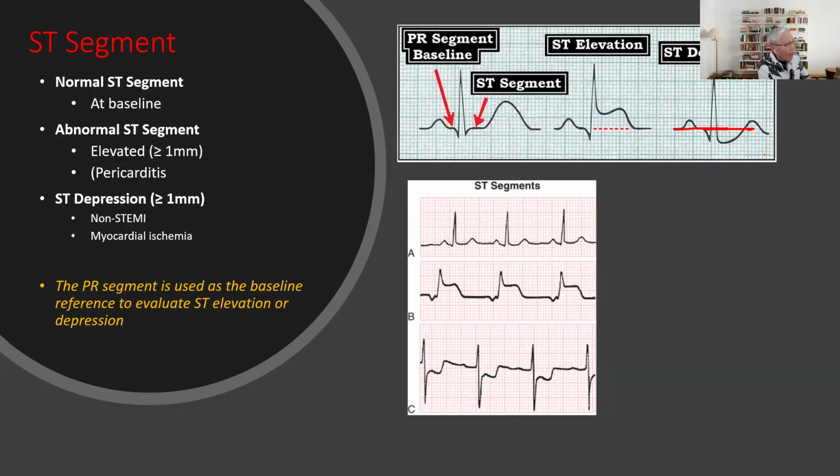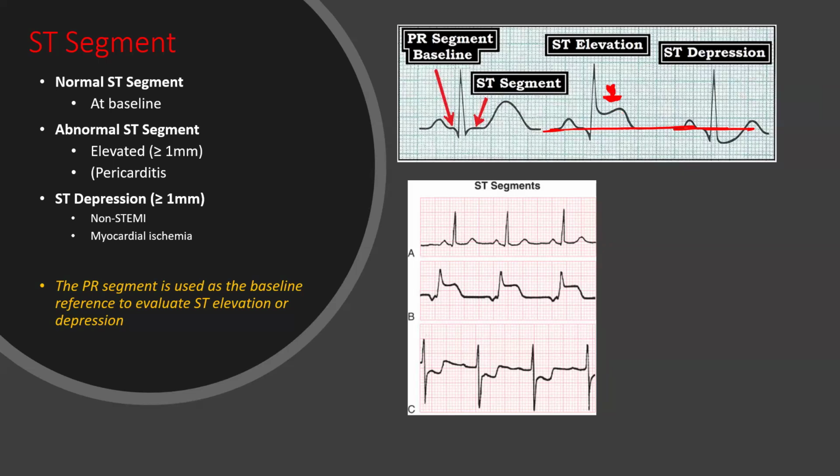All right, the opposite is going to be something that is going to be very significant. Notice, this is the baseline, and if we draw a straight line, what happens to the ST segment? What do you notice the ST segment behavior is? Is it elevated, baseline, elevated, or depressed?